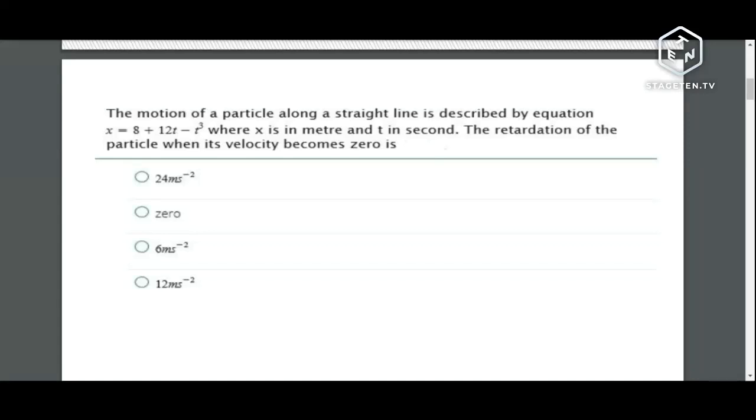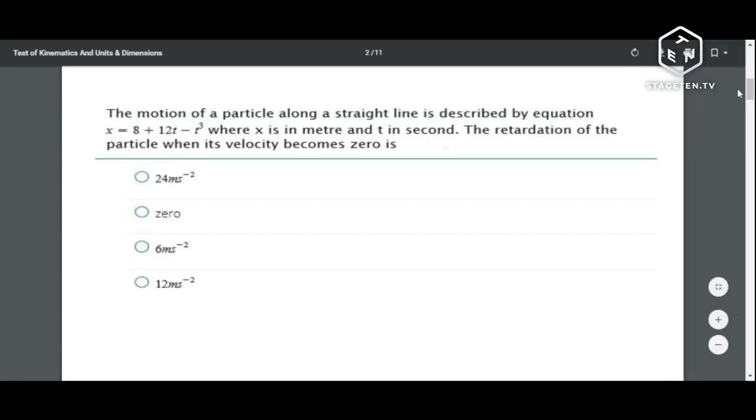Then you get the value of time. As time is now with us, we can find the acceleration. Acceleration is basically del v over del t. Now you need to take the derivative of velocity with respect to time, then put the value of time in it. That would be your retardation.